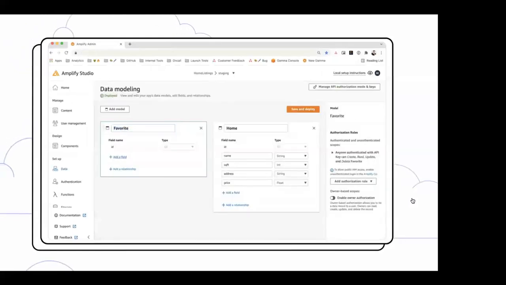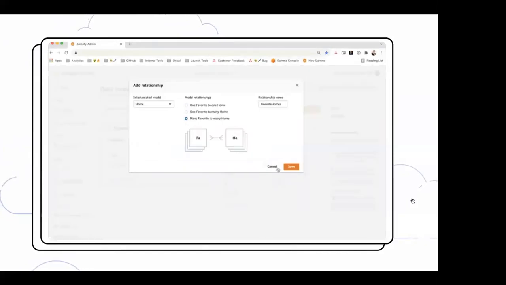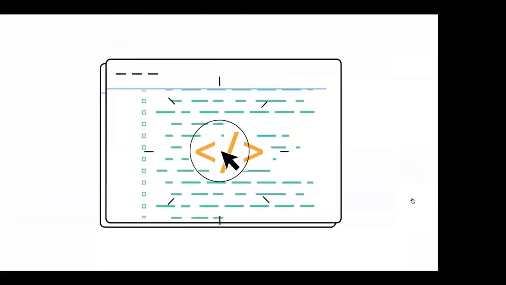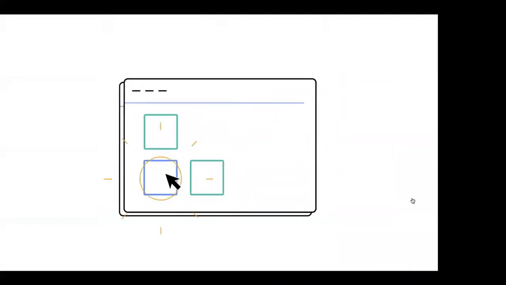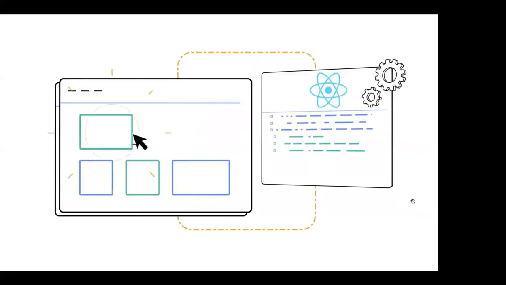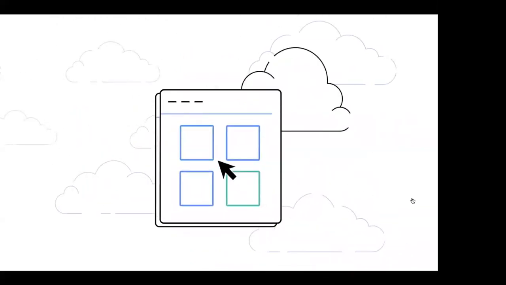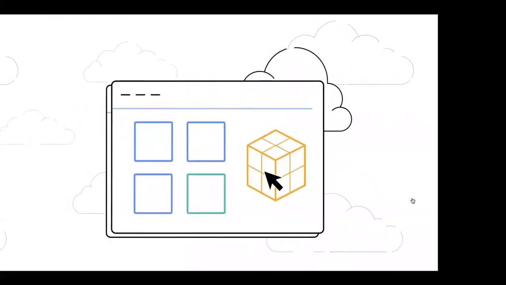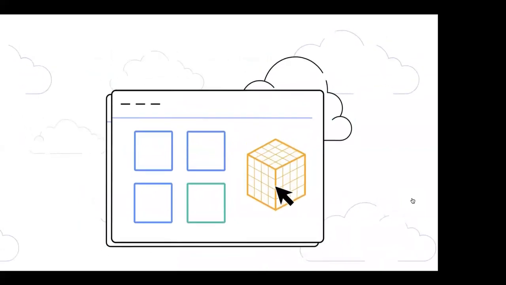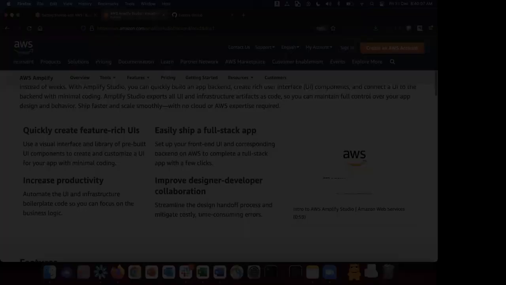Use the Studio console to set up an app backend and connect your UI components to backend data in clicks. Studio offers a developer-friendly approach to low-code. It automatically translates visual changes into clean React code, letting you focus on the business logic and building a great app experience. Amplify Studio makes it easy to get started without cloud expertise and build full-stack apps that are built to scale following AWS best practices. Get to market faster and easier with Amplify Studio.